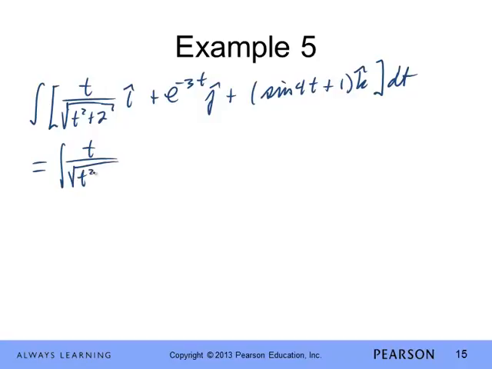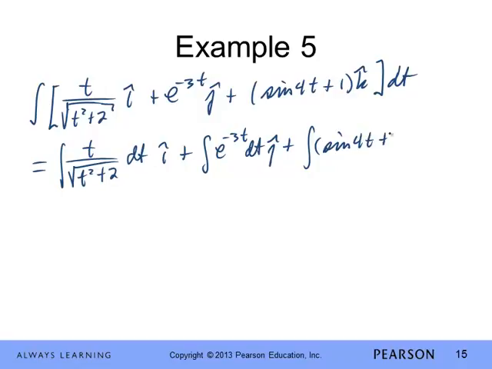Substitution, exactly. So what is the antiderivative of t over the square root of t squared plus 2? Probably just the square root of t squared plus 2.